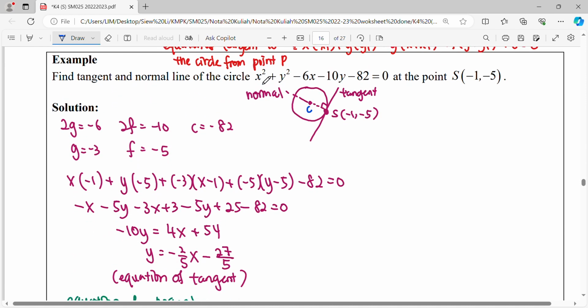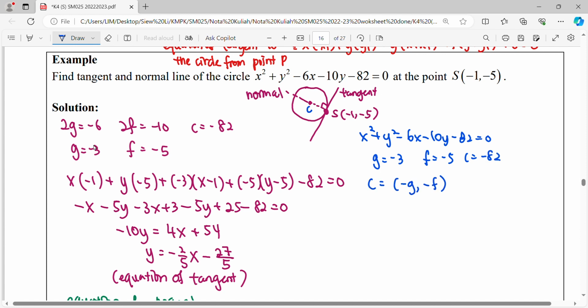So look at our general form of the circle: x squared plus y squared minus 6x minus 10y minus 82. Same procedure, we find out what G, F, and C are. The center can be read as negative G, negative F. So the center, we know, is (3, 5).